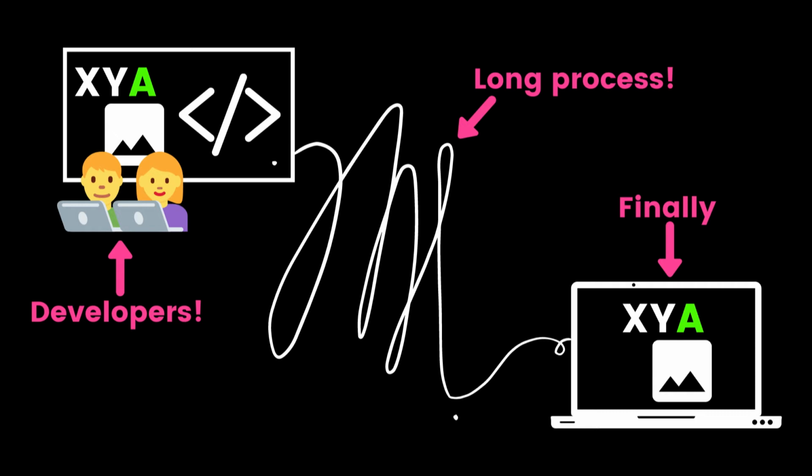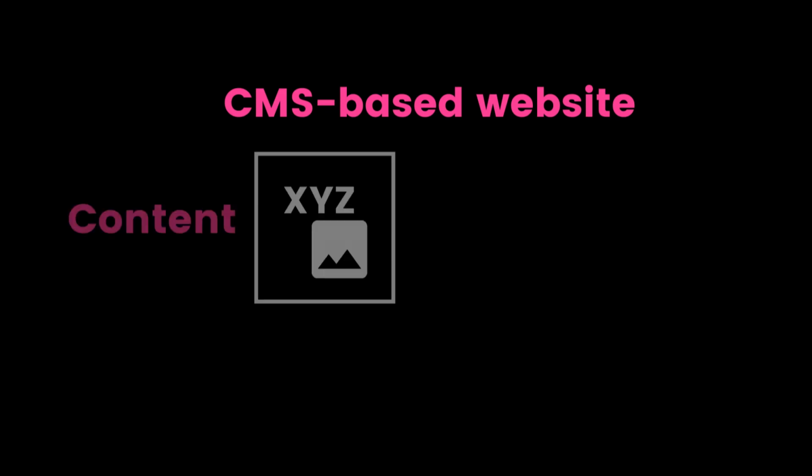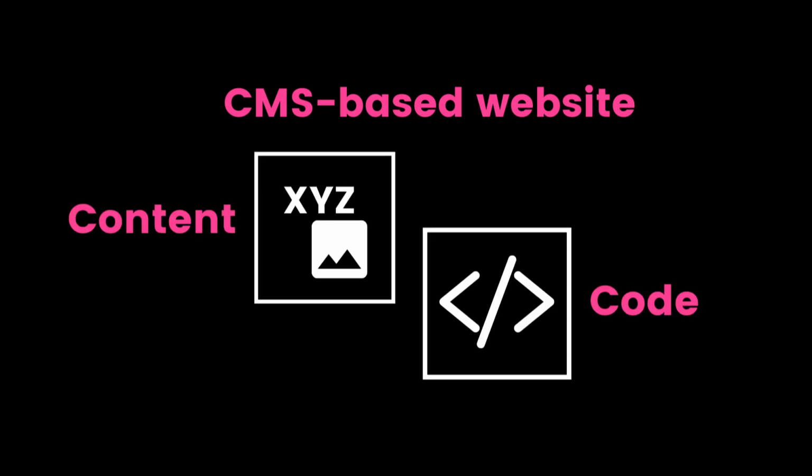Now, if you compare this process with a CMS-based website, in a CMS-based website the content and the code are decoupled from each other. So what this means is that if you have to make content changes to your site, all you have to do is get content editors involved, who would make content changes using a CMS portal.